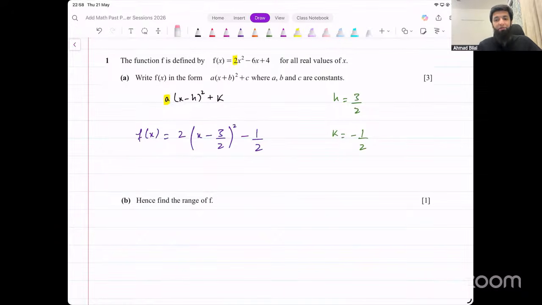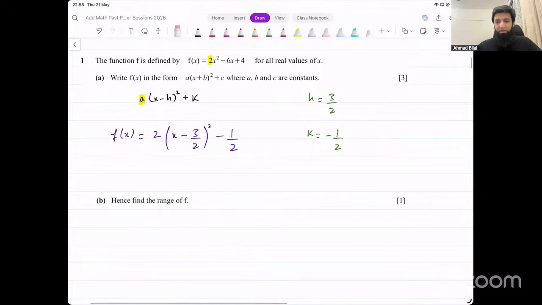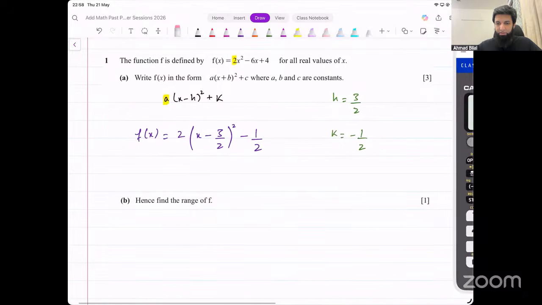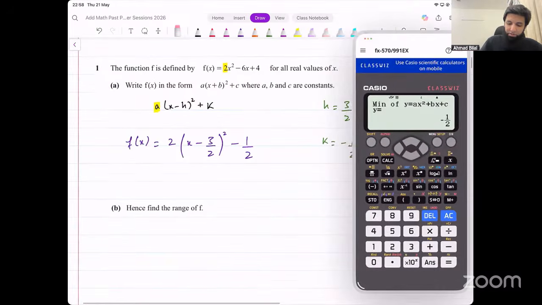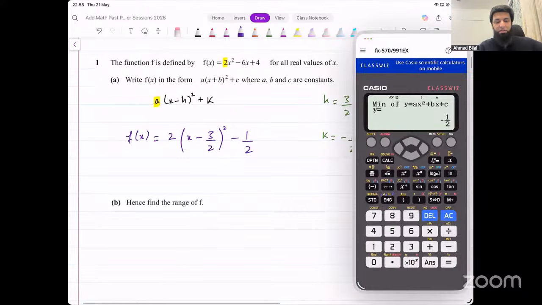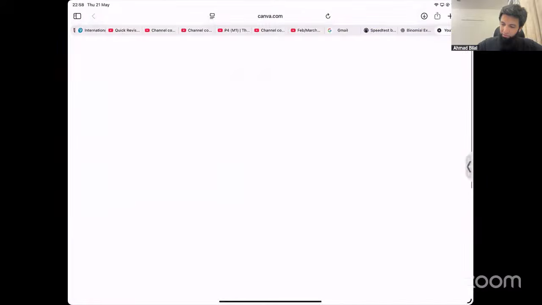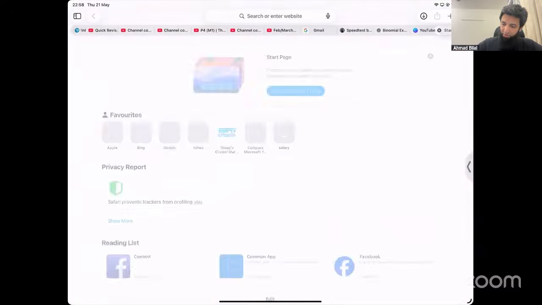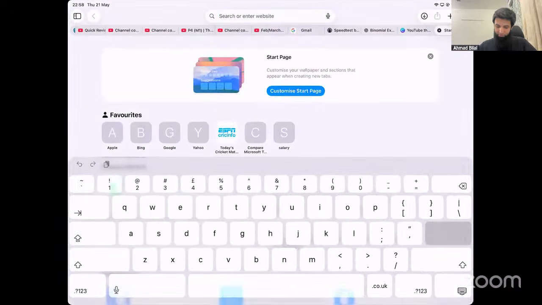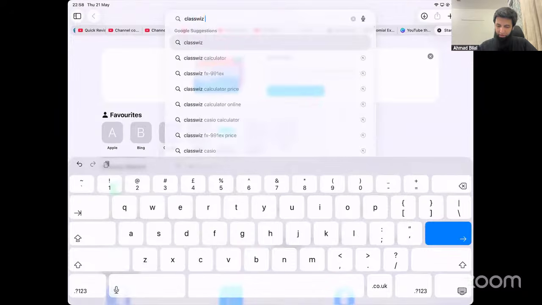Okay? I would recommend that you get this calculator. This is ClassWiz, the white version, the white model that many of you would have seen. Let me see if I can show that to you here as well. ClassWiz 991EX.